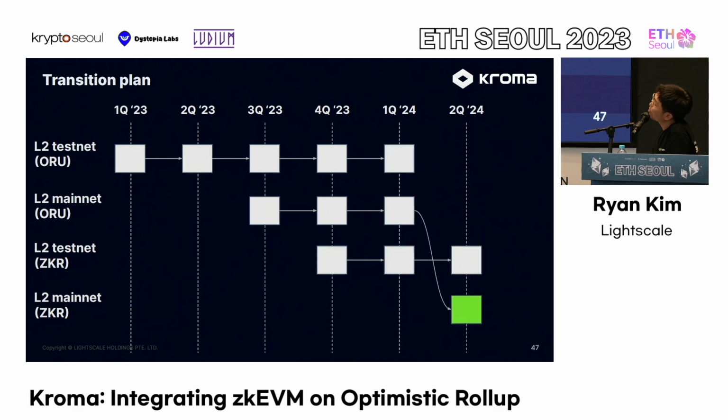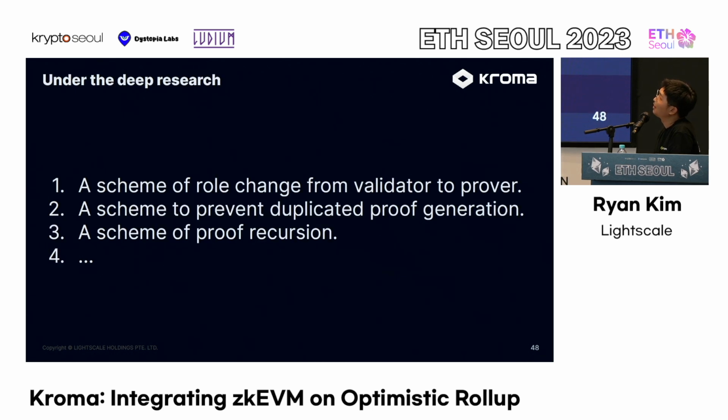And in the second quarter of next year, we're going to launch mainnet for ZK rollup, facilitating the transition of the chain. Of course, there are many challenges and concerns to be solved, but we are committed to solving them one by one, so please keep an eye on our progress.